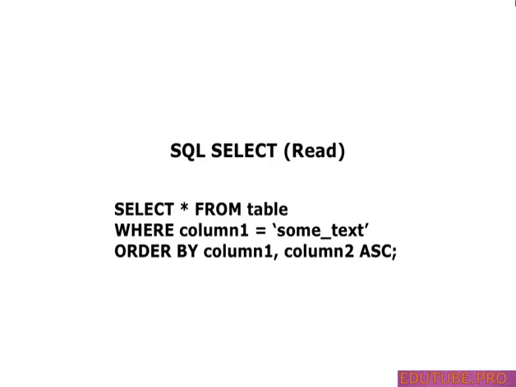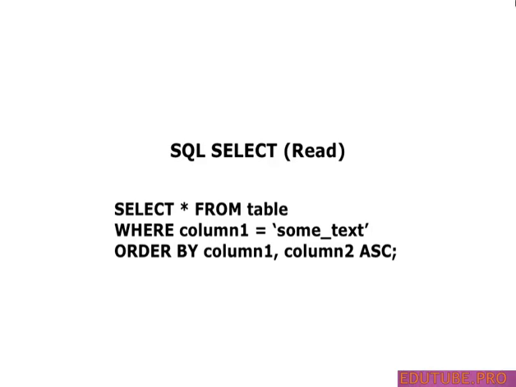We'll need to create that table, of course, where the column that we're looking for is equal to some text. So let's imagine that that's where first name equals and then someone's first name. And that's going to be in quotes because it's a string. Then we're going to take all of those results and we're going to order them by, and we can have different columns which decide how we order it. So we could have by last name and first name, and then ASC stands for ascending.